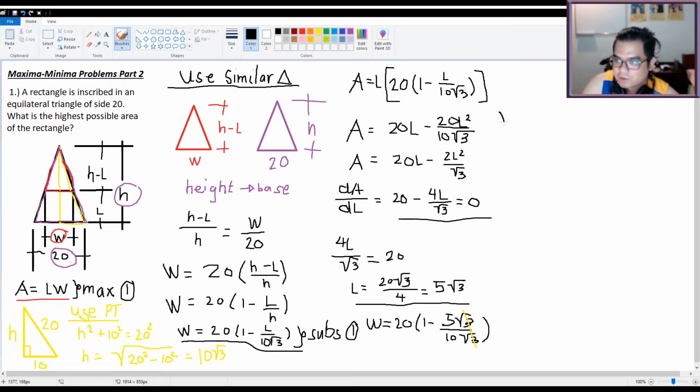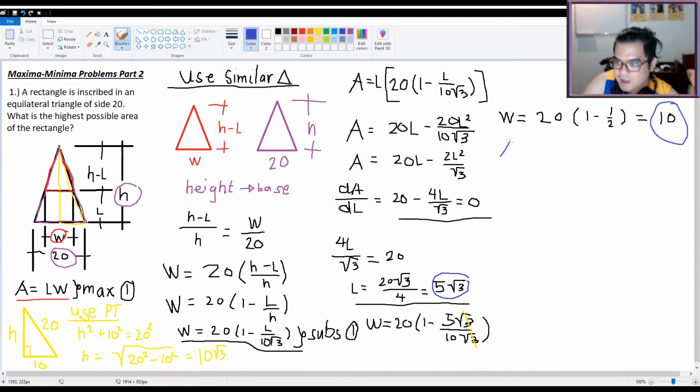Therefore, the width is just equal to 20 times 1 minus 1/2. 1 minus 1/2 is just 1/2, and 1/2 times 20 is just 10. Therefore, we already have the value for width, which is 10, and the value for length, which is 5 square root of 3.